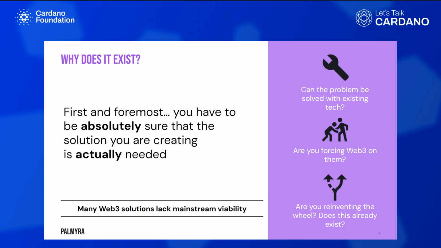And so let's go to the right here. How do you perform this litmus test on what you're building? First of all, and this hurts when you come up with this wonderful idea and you think it's going to change everything, you really have to be objective and say, can this problem be solved with existing tech?